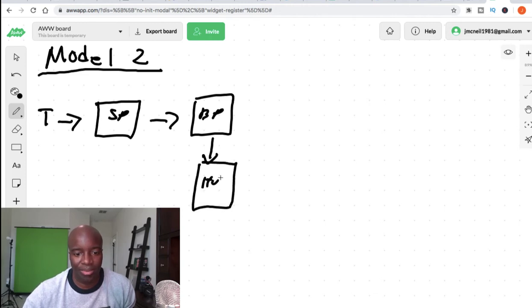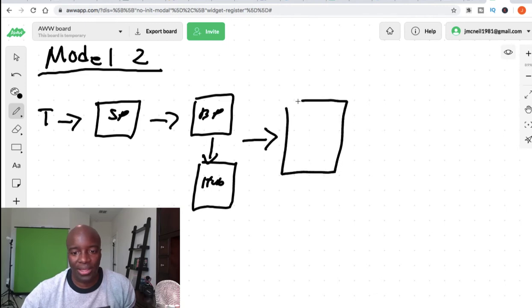So let's just say a hub. And then people will access your thank you page, people access your hub, and then eventually they'll get to some sort of offer, right?